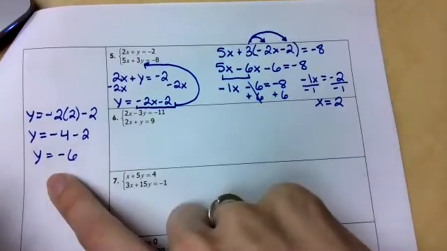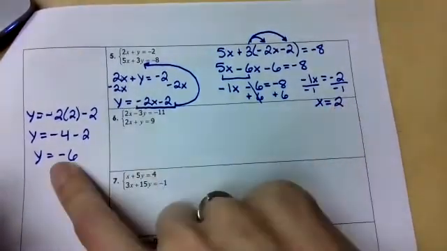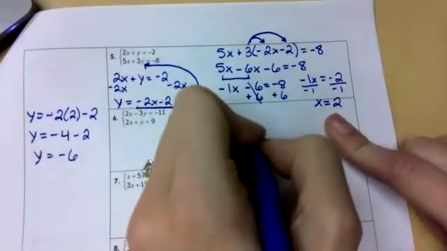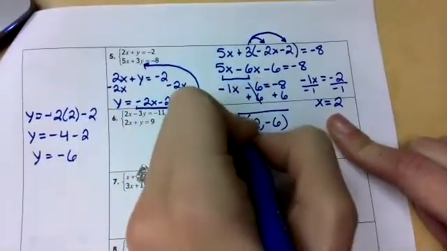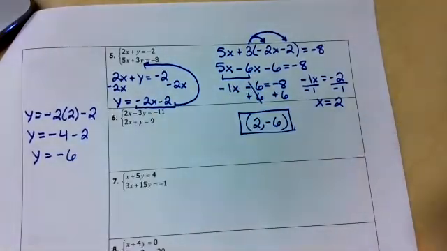Y equals -6. So my solution, putting them together in a coordinate form, is 2, -6. Okay, so take these examples and try out a few on your own.